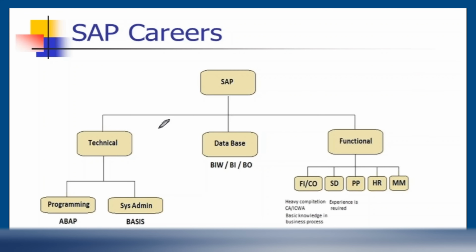For example, SAP has broadly categorized their career path into three segments. These are called three streams: technical segment, database segment, and functional segment. It has been mainly divided. Again, the technical side has a programming segment and a system administration segment.